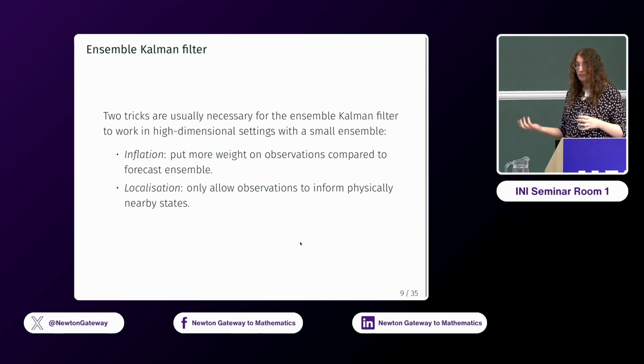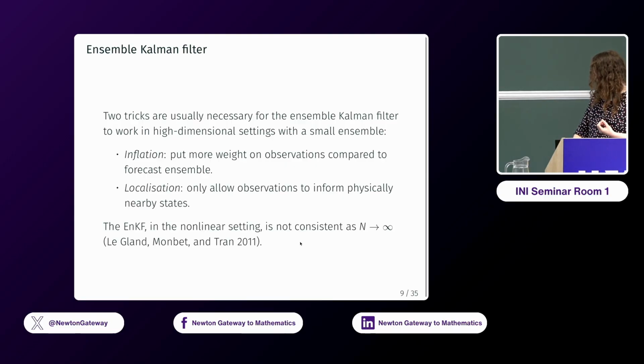So if we have a physical problem, we'll only allow those observations that are nearby, in some sense, to influence our states. An issue with the ensemble Kalman filter is it's not consistent in the Bayesian setting. So we know that even if we increase the number of ensemble members to infinity, we won't recover the true posterior.